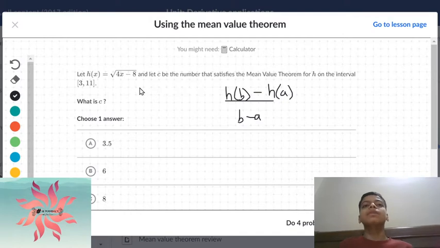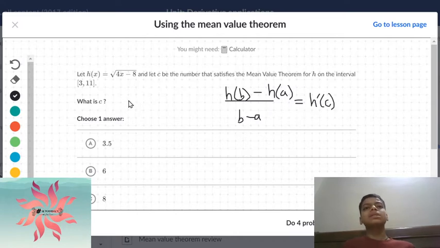What is h of 11? h of 11 is 44 minus 8, which is just 36. This will be the square root of 36 minus the square root of 4, and this is equal to h prime of c.